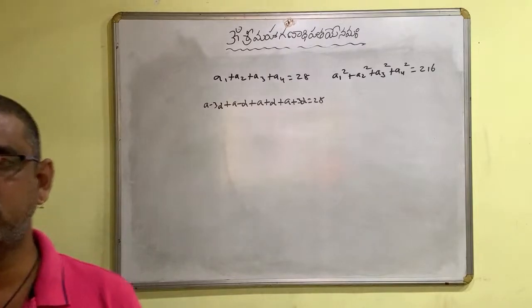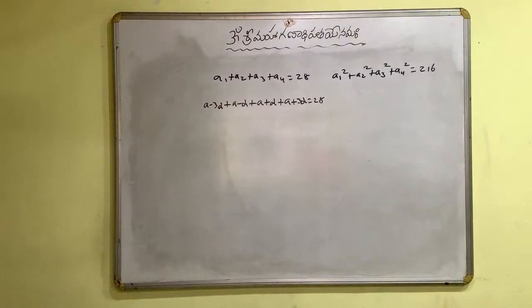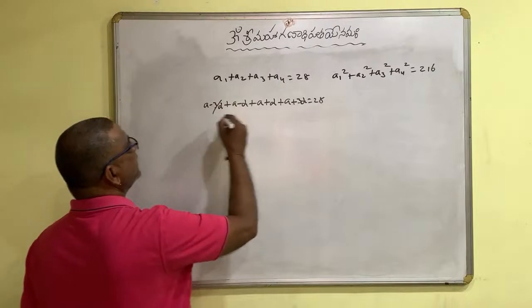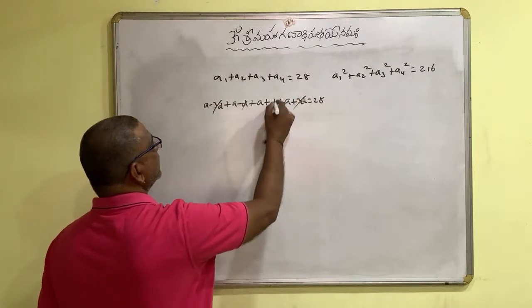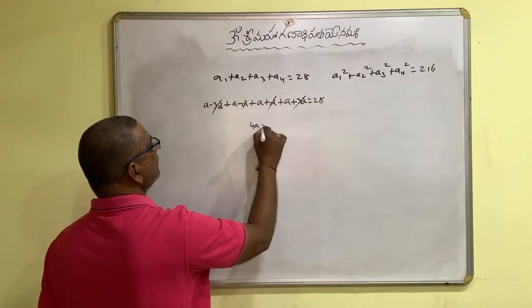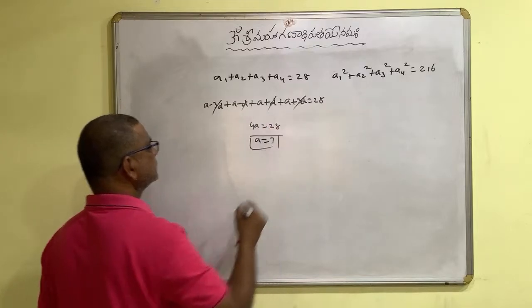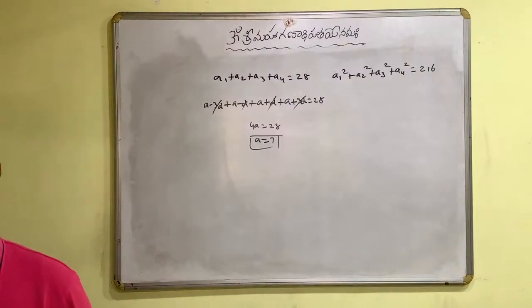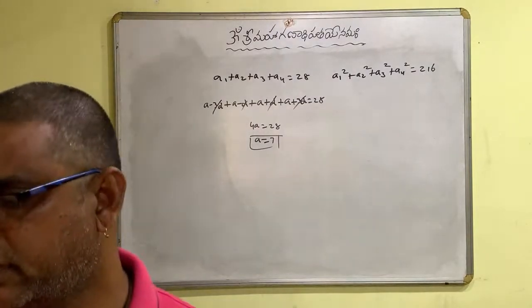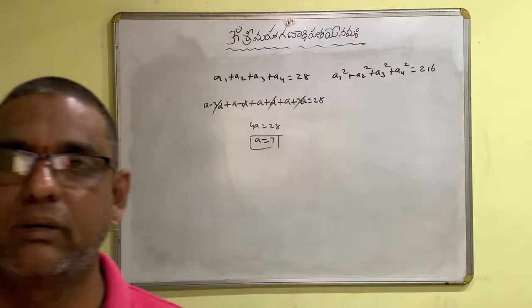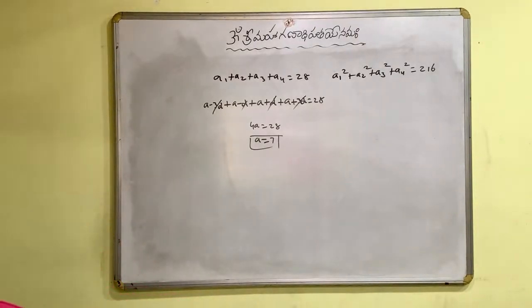Here minus 3d plus 3d cancel, minus d plus d cancel, 4a is 28, a is 7. Immediately we are getting a value. That is the importance of taking the numbers like this.